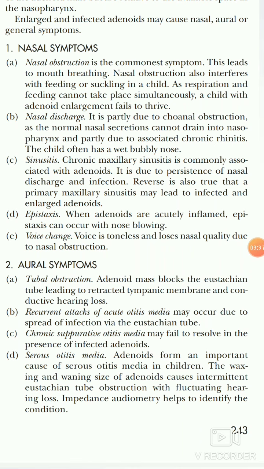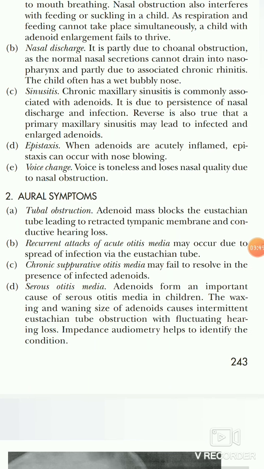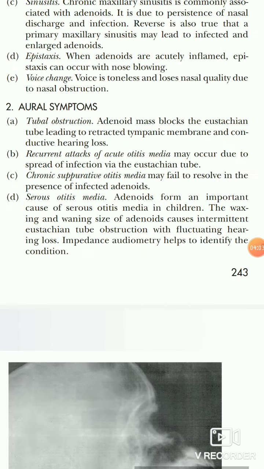It is due to persistence of nasal discharge and infection. The reverse is also true: a primary maxillary sinusitis may lead to infected and enlarged adenoids. Epistaxis. When adenoids are acutely inflamed, epistaxis can occur with nose blowing. Voice change. Voice is toneless and loses nasal quality due to the nasal obstruction.